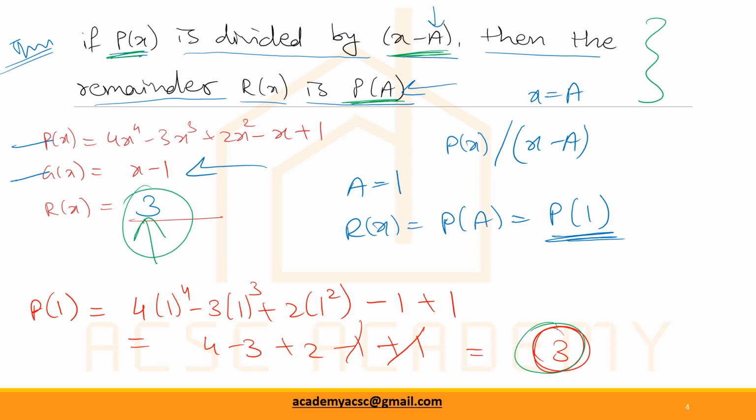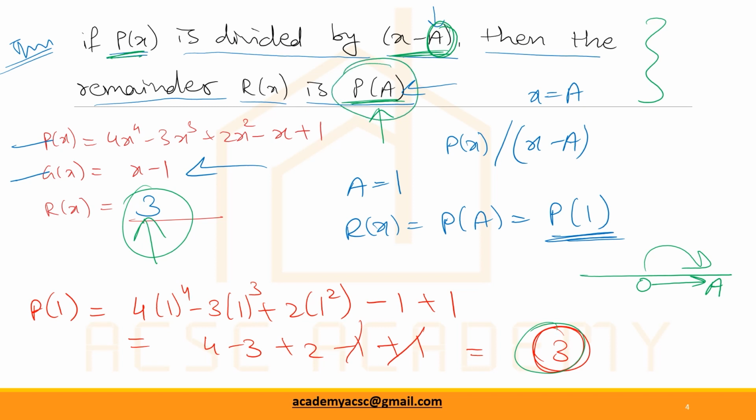But if you divide it with some other polynomial x minus a, then its remainder has to be p of a, which means it is kind of a diversion from the root: you are diverting to a, then the remainder will shift these many places ahead. So it has to be given by p of a.